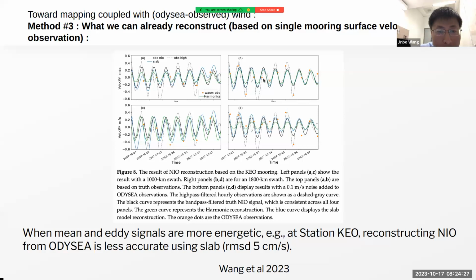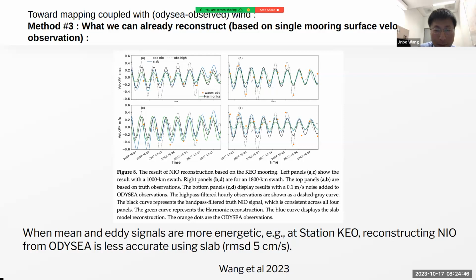This is the blue line. It's hard to distinguish the blue from the green. Green is simply harmonic analysis, and the blue line is on top of the black line. But this is a better case in panel B.